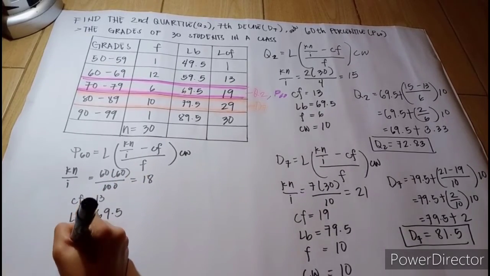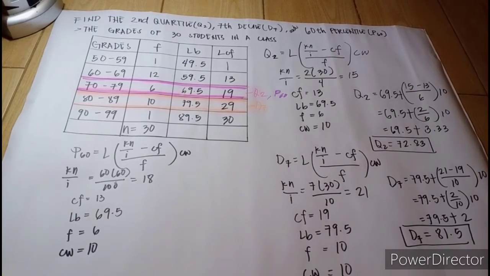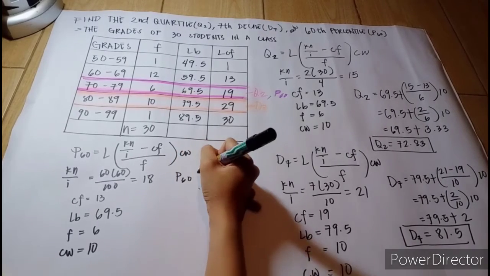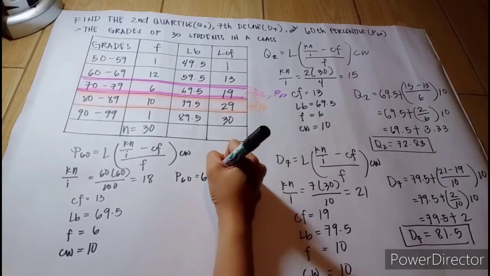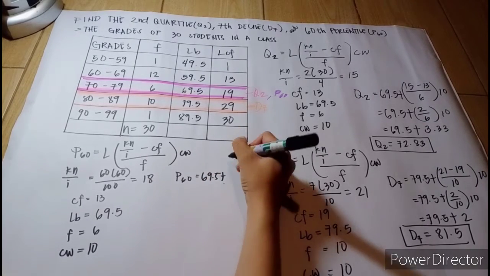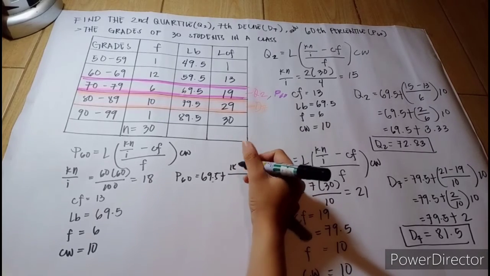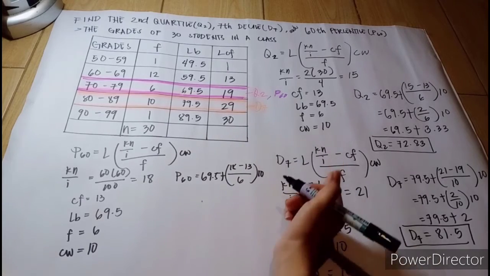Then, CW, that is 10. Then, we need to substitute. So, percentile 60 is equal to lower boundary 69.5 plus 18 minus 13 over 6 times 10.